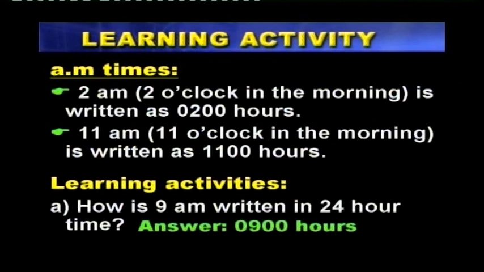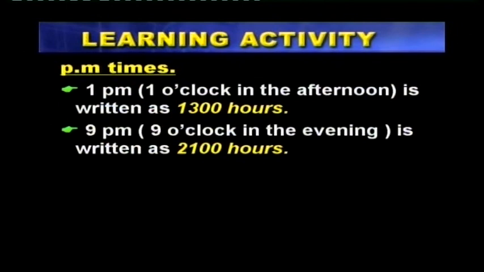Let's move on now to PM time, times after midday. Have a look at what we have from the PowerPoint. 1 p.m. is 1 o'clock in the afternoon, after lunch, or after 12 midday. It's written as, can you see the difference now?